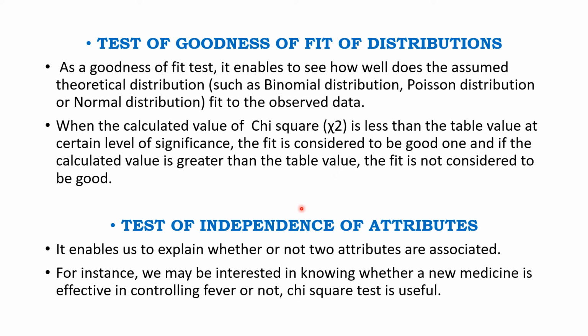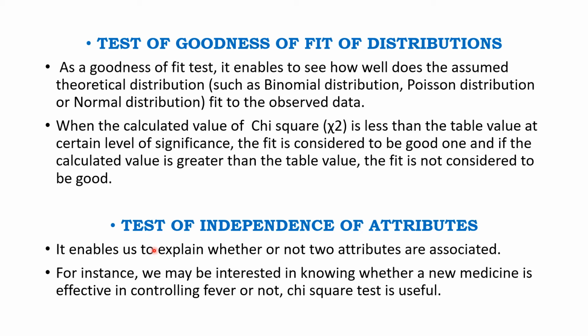Sometimes it is used as a test of independence of attributes. As a test of independence of attributes, it enables us to explain whether or not two attributes or two characteristics are associated with each other.